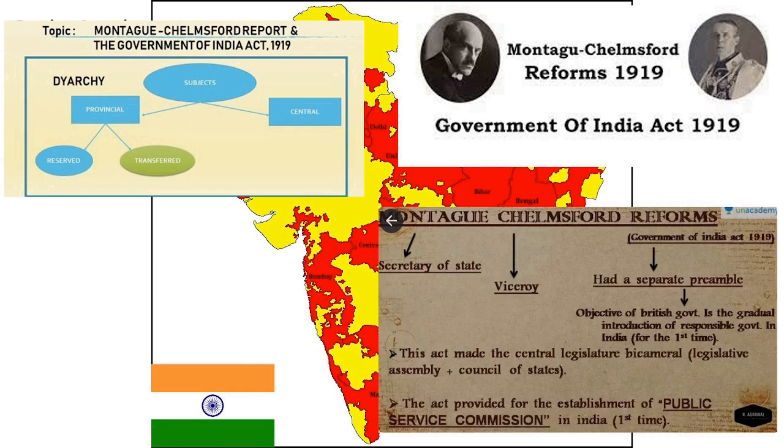Under the reserved list, the crown could make law on important subjects like defense, communication, police, administration, etc. And under the transferred list, local government could make law on least important subjects like local governance, health, agriculture, etc.